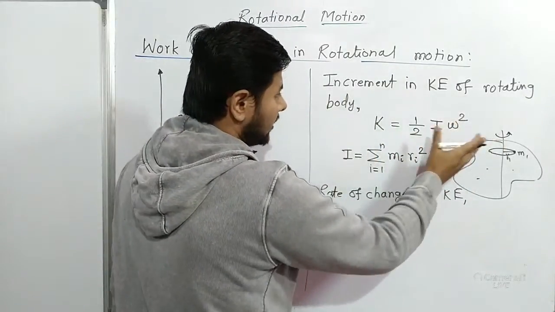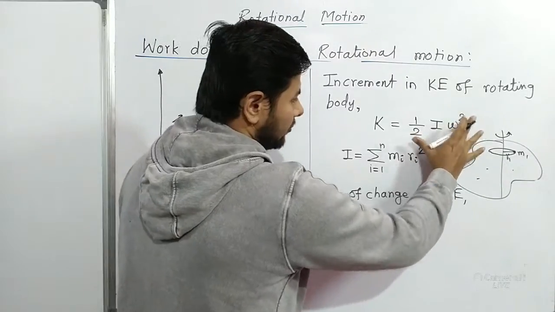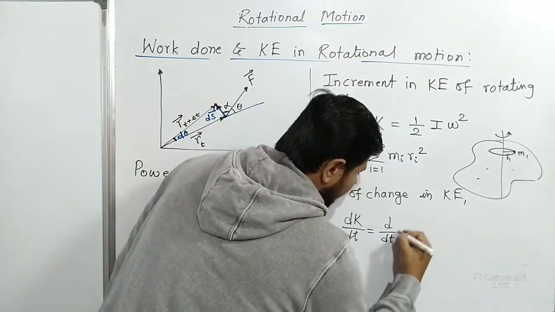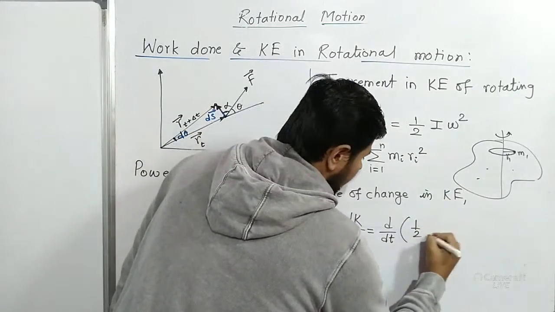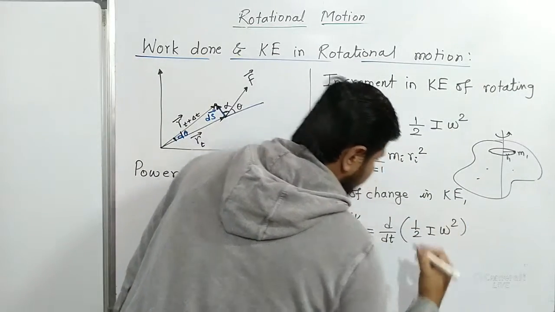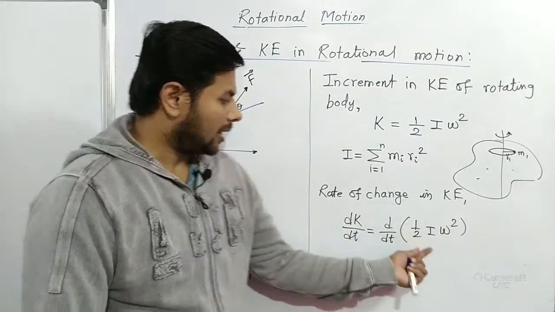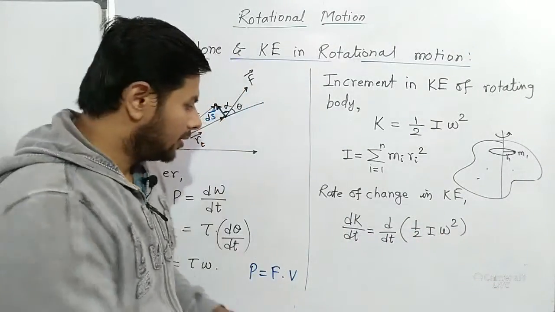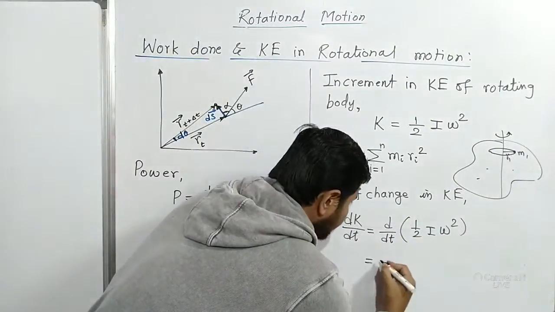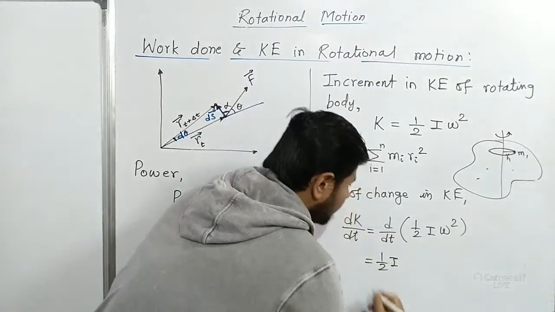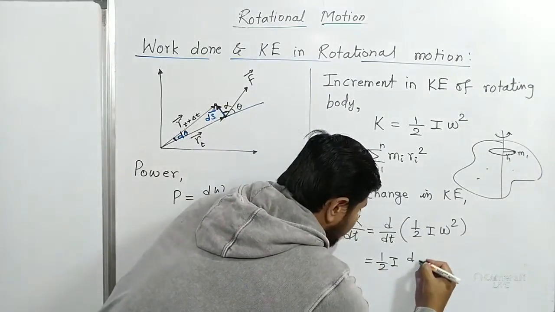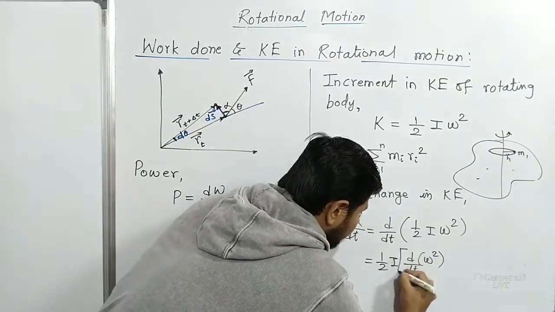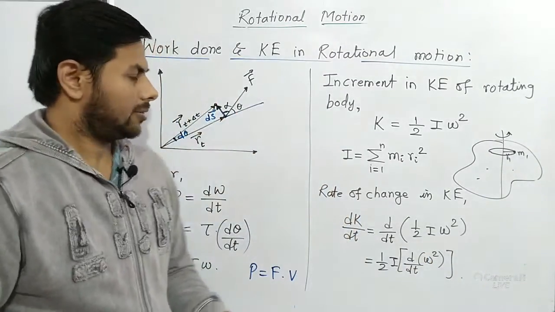On the right hand side, again I will take the derivative with respect to time. So it is d by dt of half of I times omega squared, out of which half and I are constants, so we can take them outside. So it is half of I times the derivative of omega squared with respect to time.